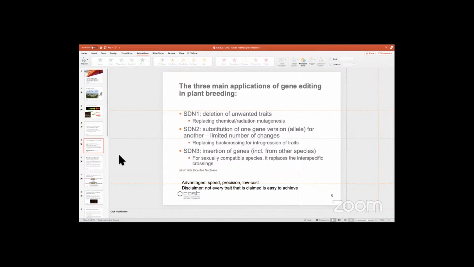So probably like in other organisms, we see three main applications of gene editing in plant breeding, which are called SDN1, 2, and 3 for site-directed nuclease, to include also the older nucleases. And SDN1 is causing small deletions or insertions that interrupt the function of genes, with which you can delete unwanted traits in plants.